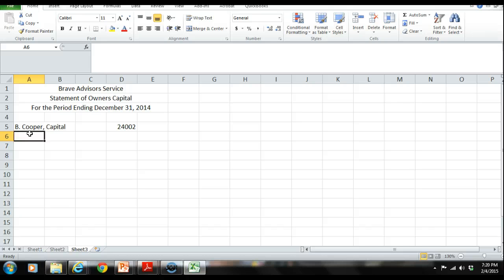Go to your cheat sheet. Our net income. He didn't make any investments. Our net income is going to come from here, the 14,146. And then we have a subtotal.